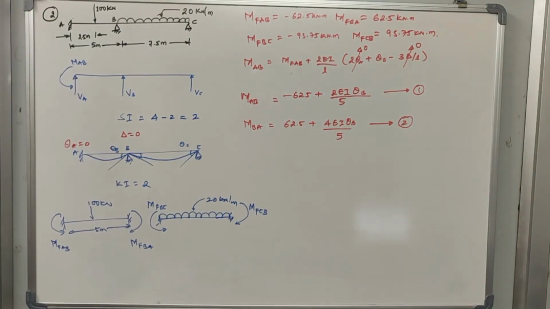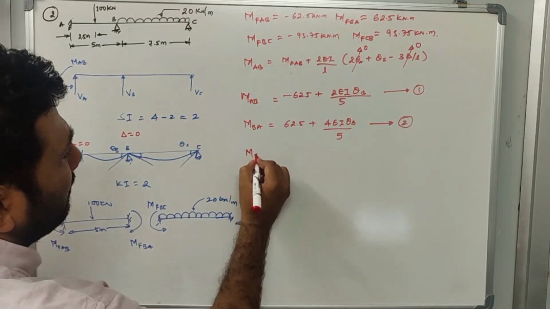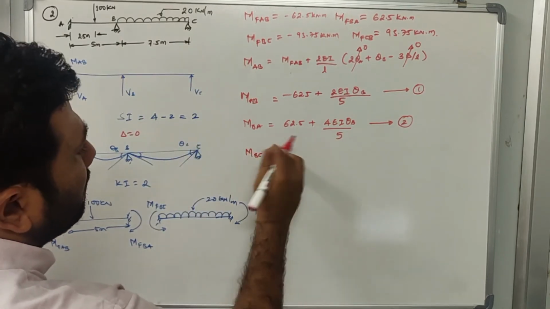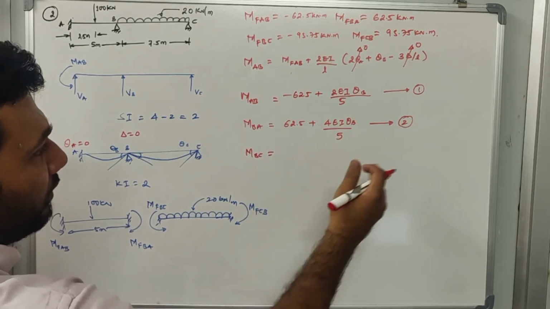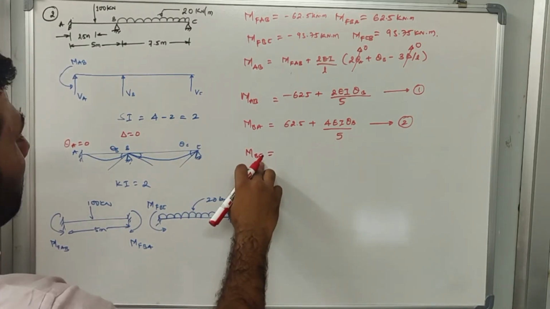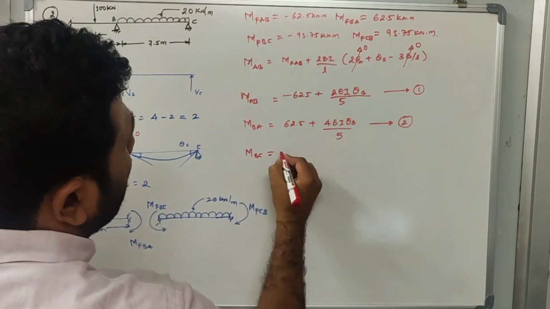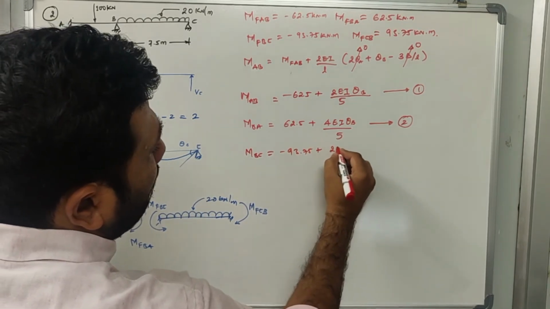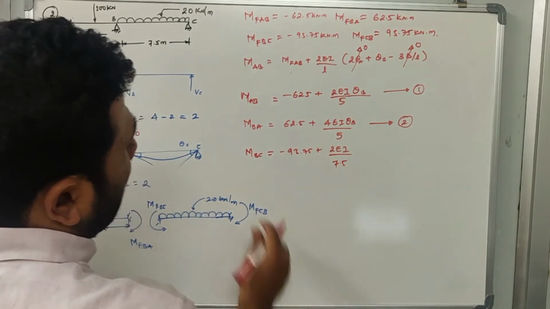As you write this down, I will also write the equation for the other joint. Let me go for MBC. I will not write the generalized equation, I will directly write the values that we get. This is your BC member, so let us first write MFBC. MFBC is minus 93.75 plus 2EI divided by L, where L is 7.5, the length of member BC.